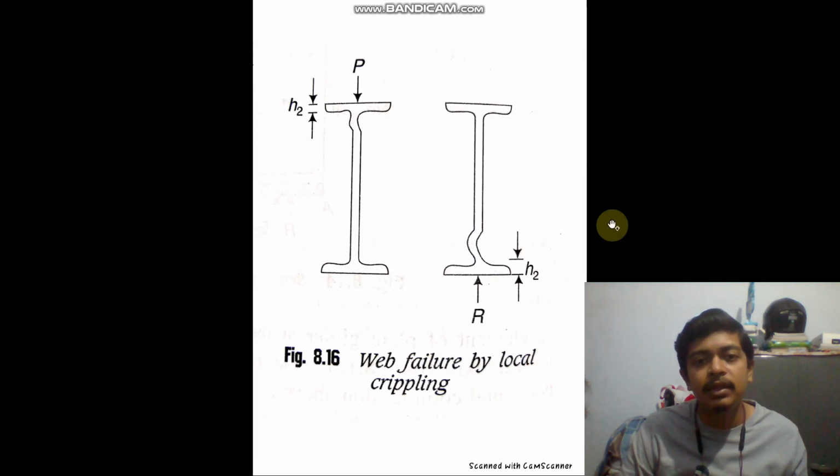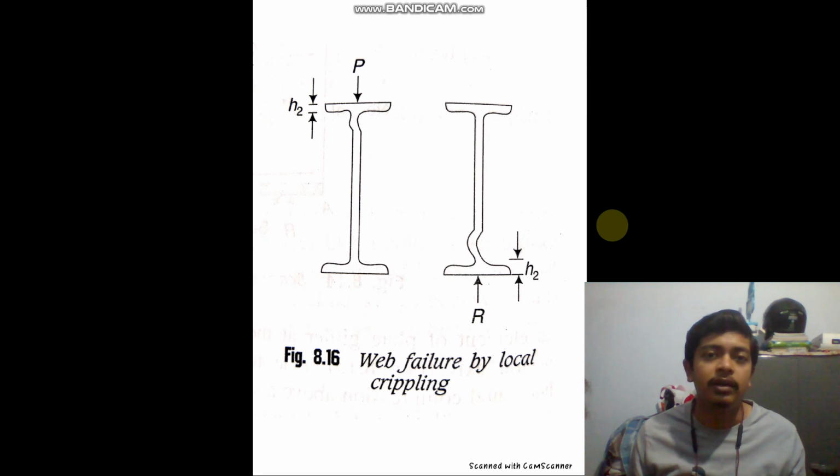As you can see in this diagram, this is the I section which is failing in web crippling. Why does it happen? It's because there is a concentrated load on a beam or at the support where a huge amount of load transfer is happening.